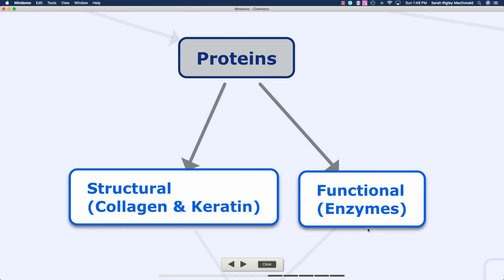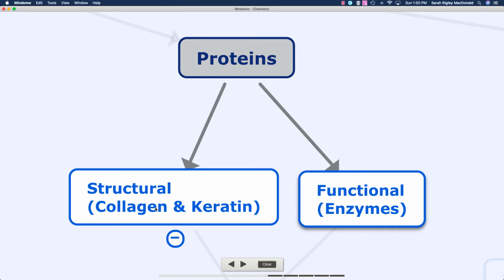We're moving on to our next category, which is proteins. So for proteins, we have two main categories: structural and functional. Now they're going to have the same structure, but different examples that you have to know. So for structural, I want you to know collagen and keratin. And so in class, we talked about how collagen is very, very strong.